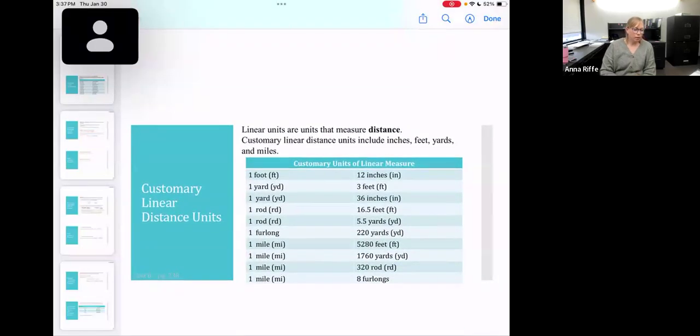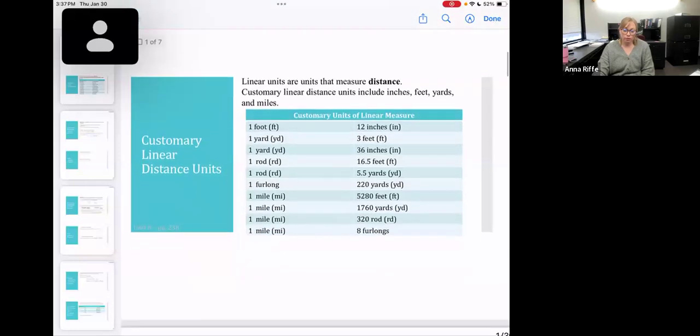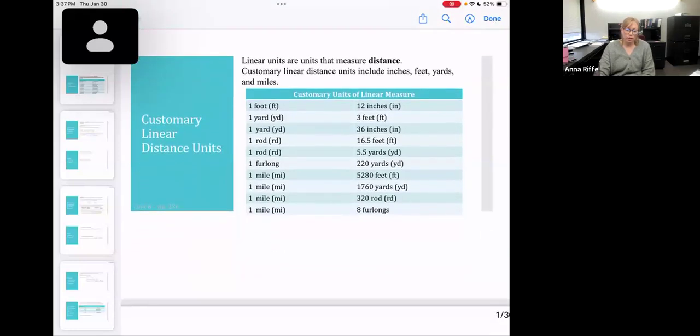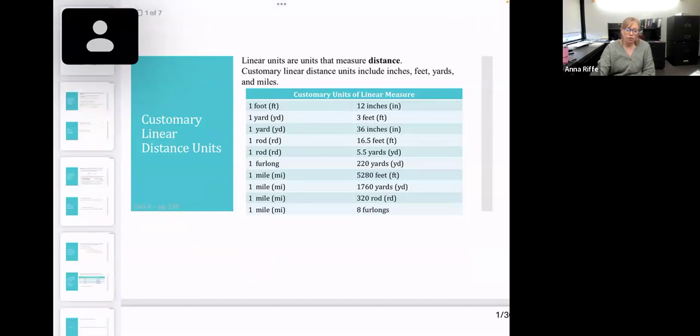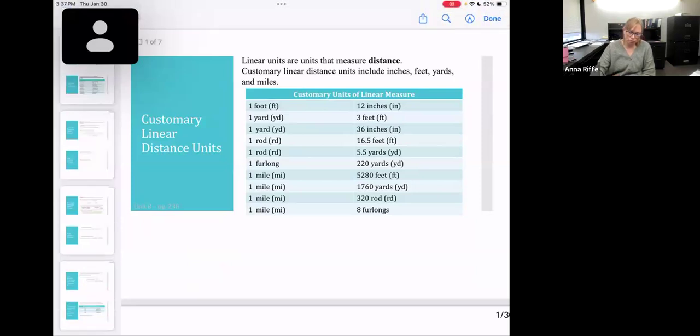So as a reminder, linear units are units that measure distance. We've talked about some customary linear units, and those are inches, feet, yards, etc. You're familiar with miles, you're familiar with a lot of others. The conversion chart that I refer to will have some conversion factors, many of which are listed here.